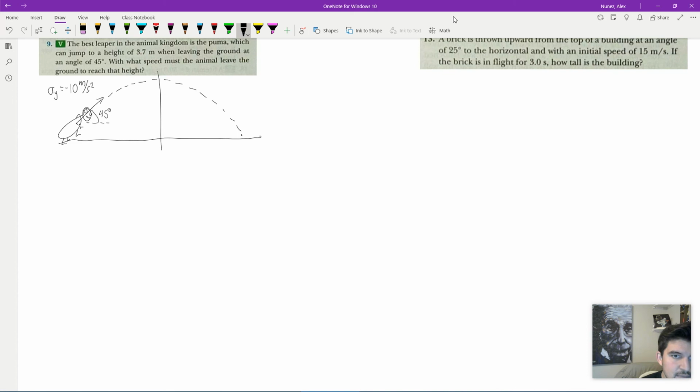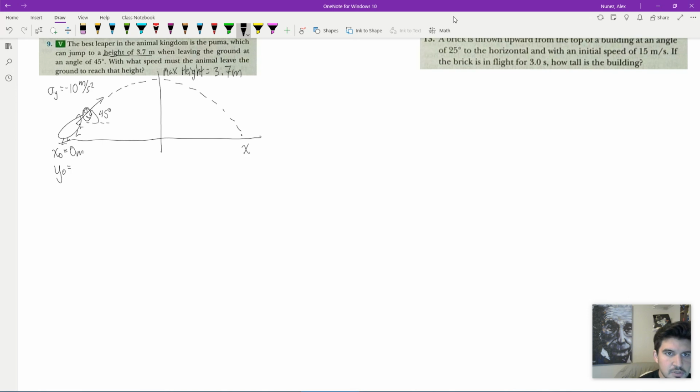We know that at its max height, it says that it can jump to 3.7 meters. So we know that the max height is equal to 3.7 meters. We don't know where it's going to end, but we do know that we can call its initial position 0 meters.